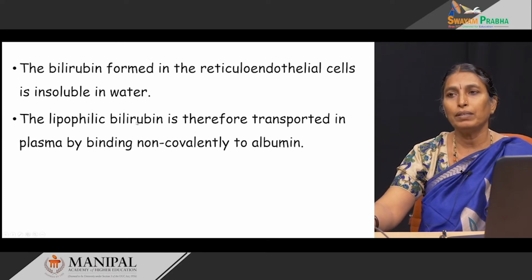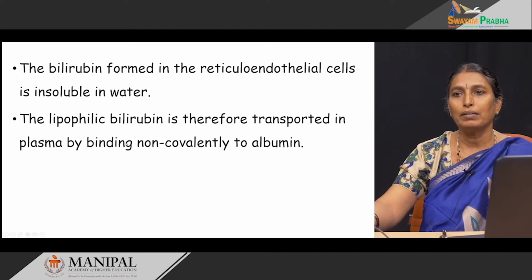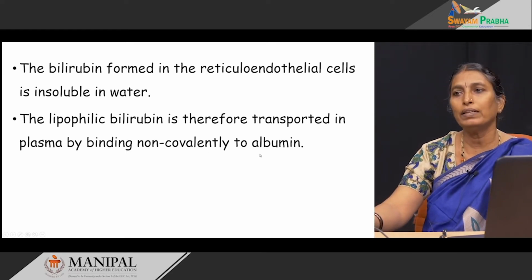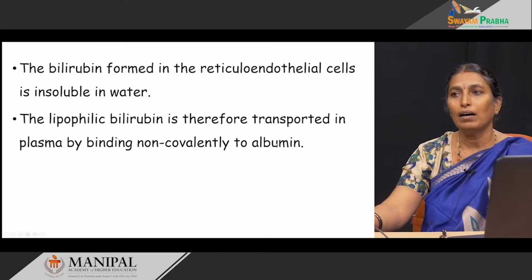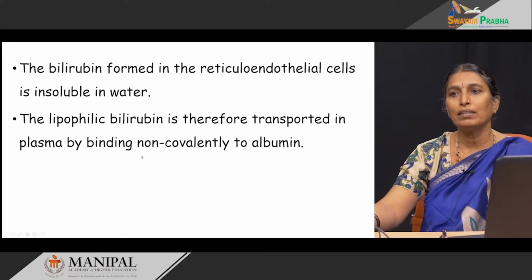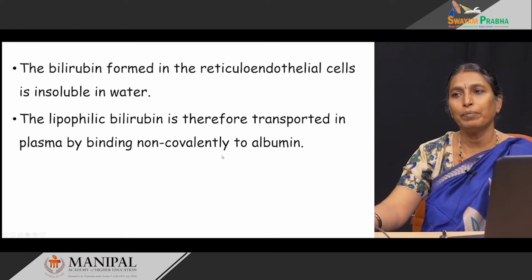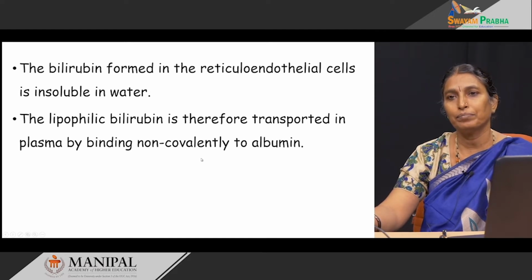This lipophilic bilirubin is therefore transported in plasma by binding non-covalently to albumin. Albumin is a plasma protein. Since lipophilic bilirubin binds to albumin, that makes it more water soluble, but the binding is non-covalent, meaning it can be released easily.